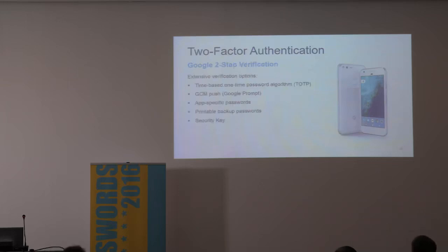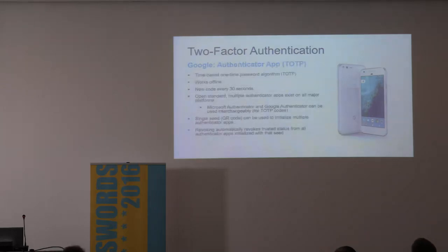So as I said, there is an extensive number of verification options available. Let us start with TOTP. Time-based one-time passwords work securely offline. Every 30 seconds, a new 6-digit password is generated. You can generate these passwords in any authentication app.